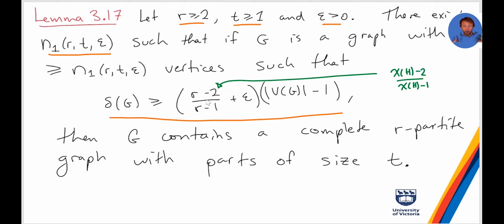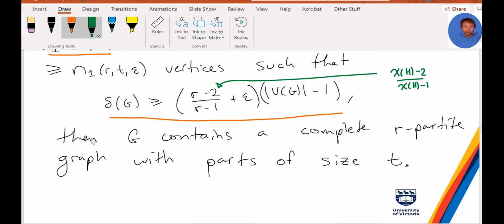You should think of R as being the chromatic number of some graph H, and we're trying to find a complete R-partite graph. So if G has a lot of vertices as a function of R, T and epsilon, and if the minimum degree is at least (R minus 2 over R minus 1 plus epsilon) times the number of vertices minus 1, then G contains a complete R-partite graph where the parts have size T.